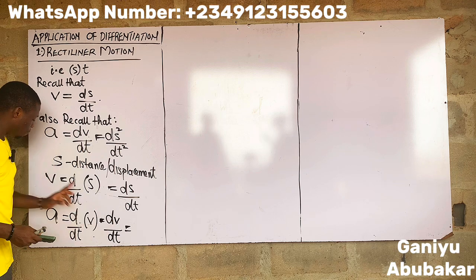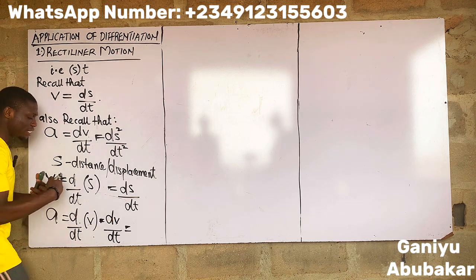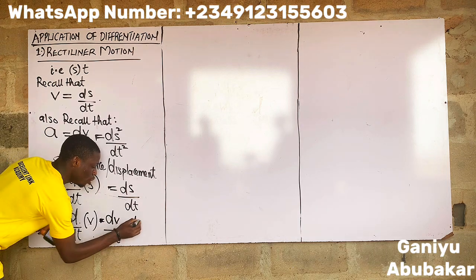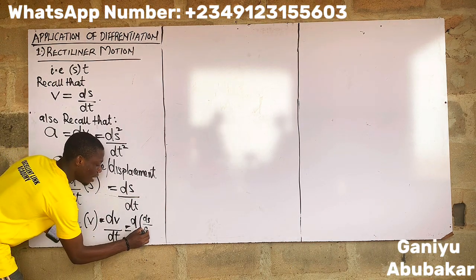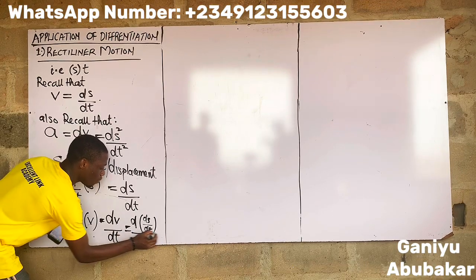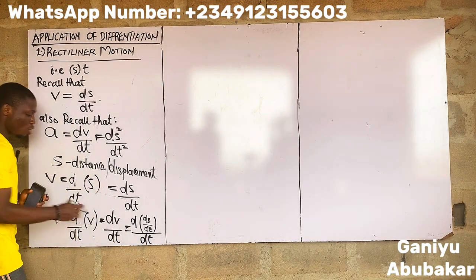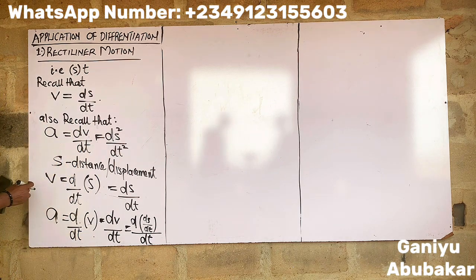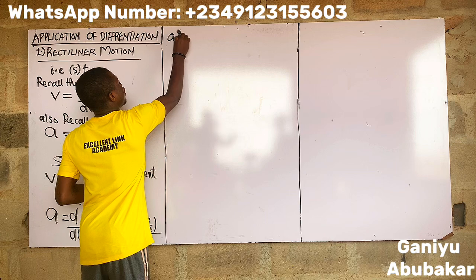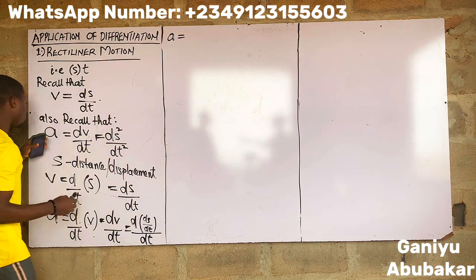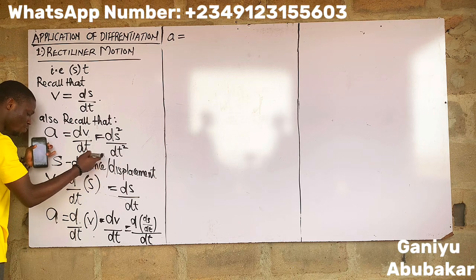What's v alone? v is dx over dt. So I put that into this: d of (dx over dt), all over dt. I'm trying to prove why acceleration is d squared s over dt squared. I'm trying to prove that to you.